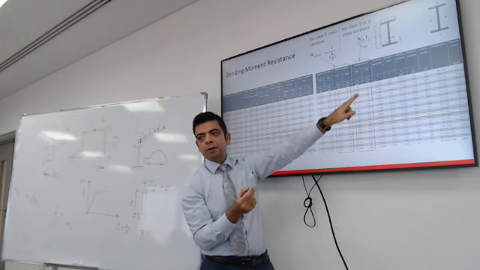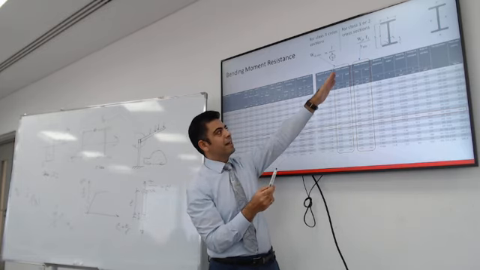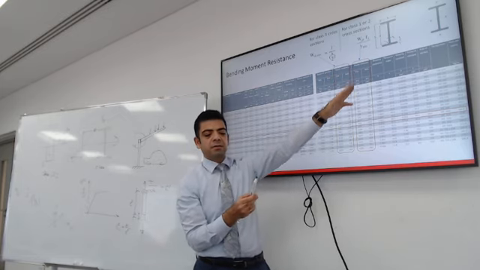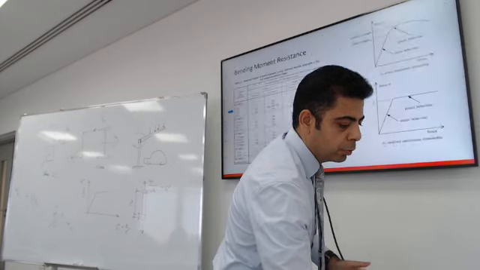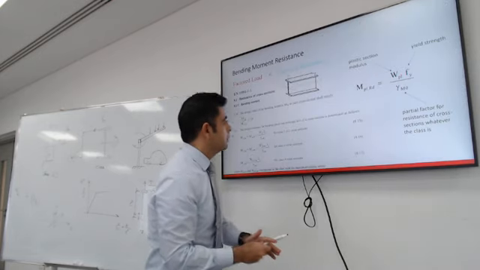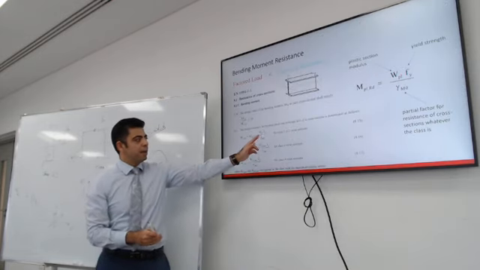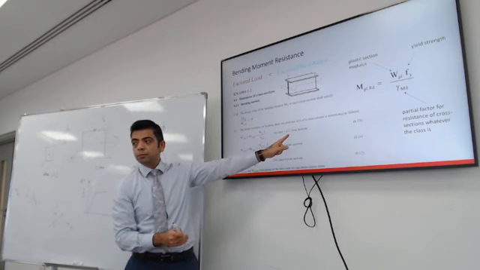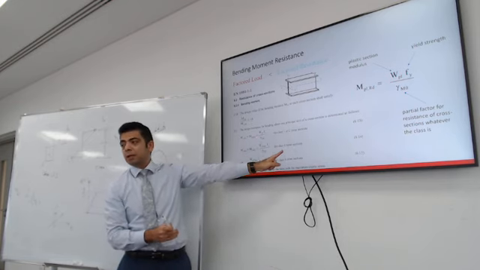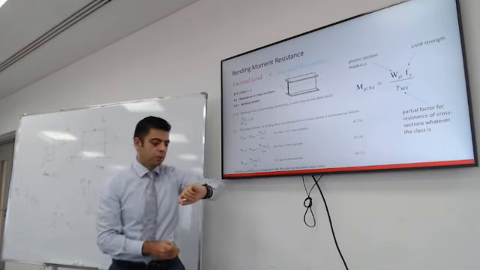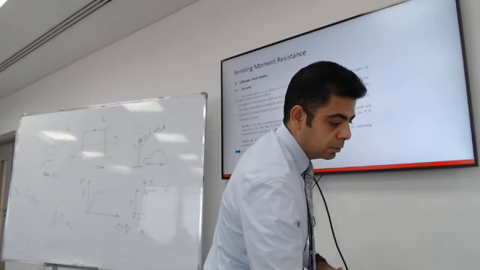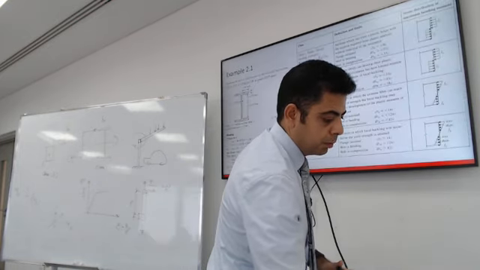There are two values, the elastic modulus and the plastic modulus. You go back to the code equation. You use the plastic for class 1 and 2, and the elastic for class 3. Does that make sense? Yes. So let's do a quick example.